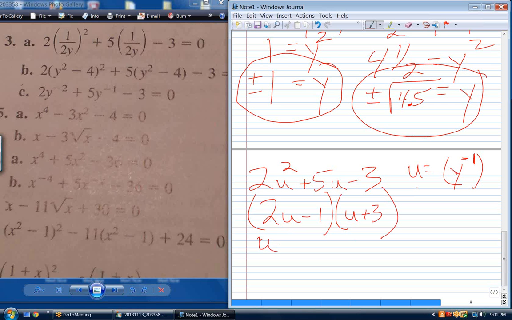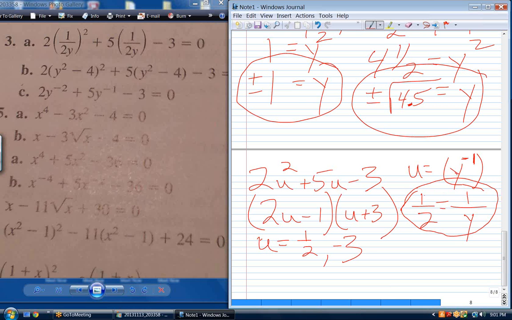So we know that u is equal to 1/2 or negative 3. So let's solve this. When we're solving it, it's better to write it like this. What's y equal to? You can actually do this one fairly directly without having to go through the cross multiplying.